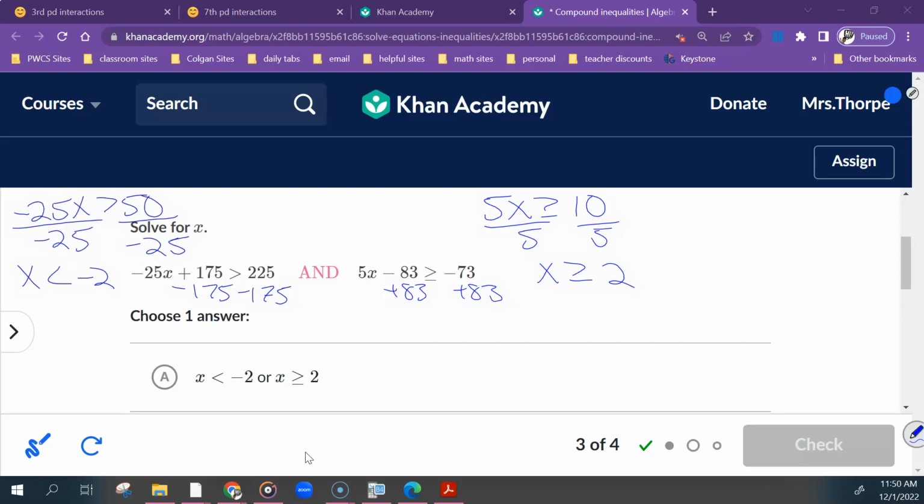So I'm going to draw the number line of this. So it would be less than negative 2 and greater than or equal to 2.